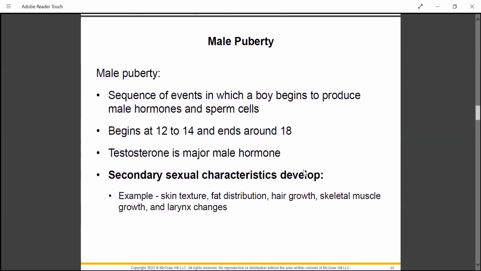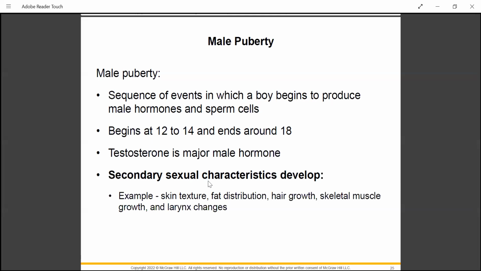So we said sperm begins to form during male puberty, typically starts between ages 12 to 14 and will be over around age 18. Testosterone is our primary hormone. And so the onset of male puberty is considered the formation, or when secondary sexual characteristics begin to develop.